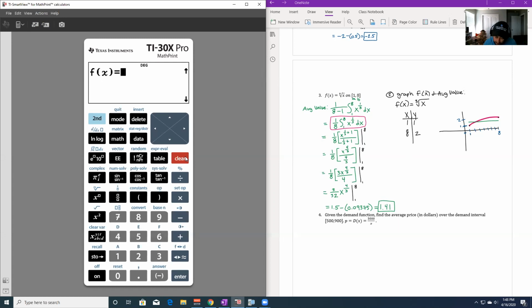And of course, I'll label it for you. That is f of x equals the cube root of x, and that is our average value of y equals 1.41.